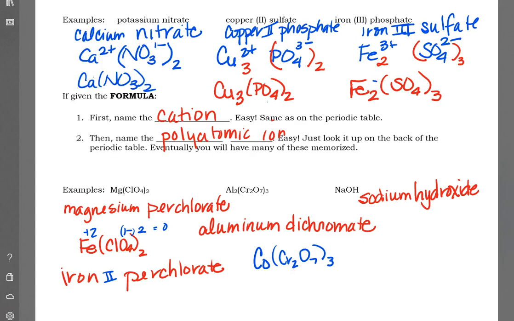We know dichromate is a -2, and we have 3 of them. What does cobalt have to be here? Okay, you thought it was going to be 2, like aluminum was, but it needs to add up to a +6. So this is cobalt 6 dichromate.